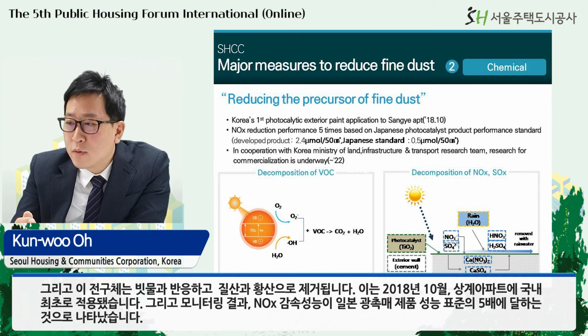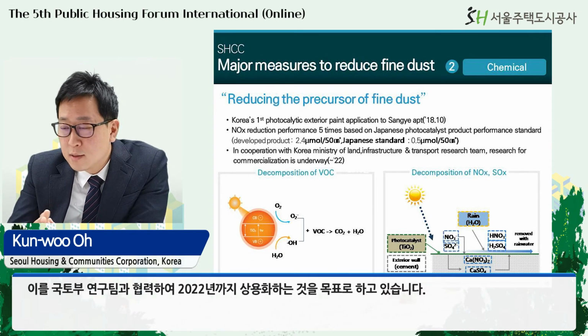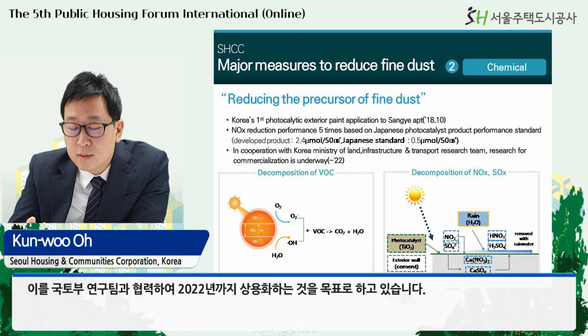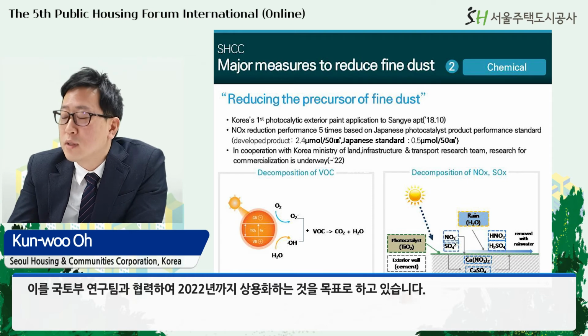It was applied for the first time in Korea at Hangul apartments in October 2018, and the monitoring results showed 5 times the NOx reduction performance of the Japanese photocatalytic product performance standard. It is being promoted with the goal of commercialization by 2022 in cooperation with the Korea Ministry of Land, Infrastructure and Transport research team.